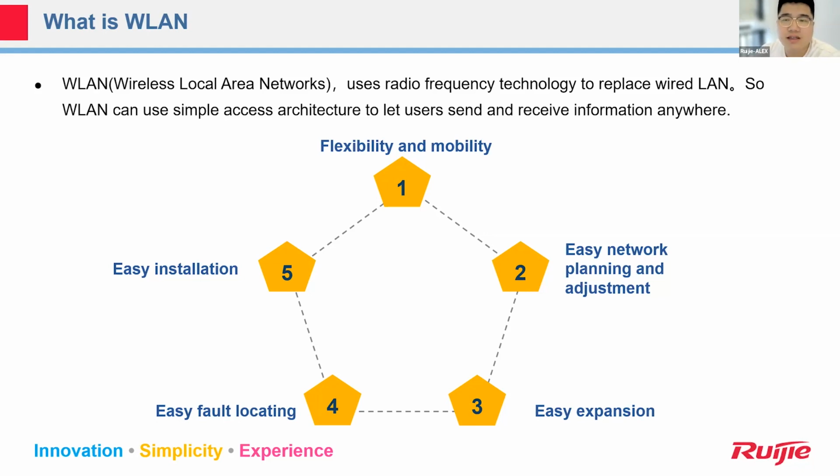And for the WLAN network, it's actually similar, but why do we say it's easier? Because we have more tools for us to locate the fault in the network. For example, nowadays we have cloud for the SME, right?